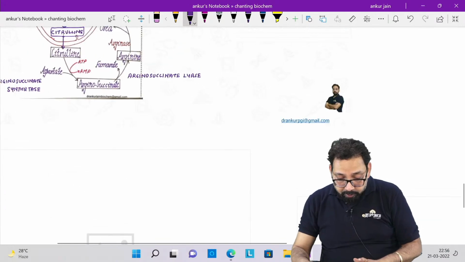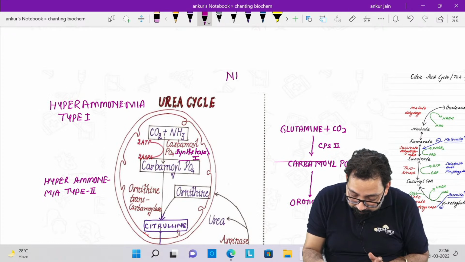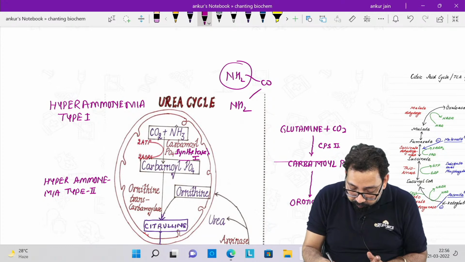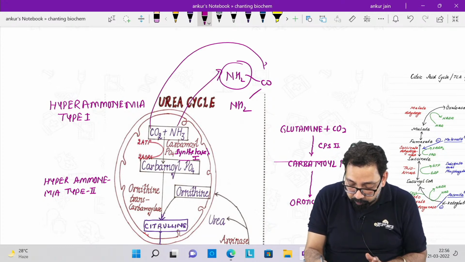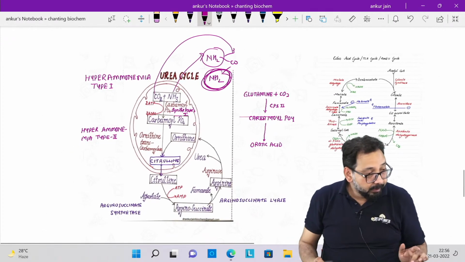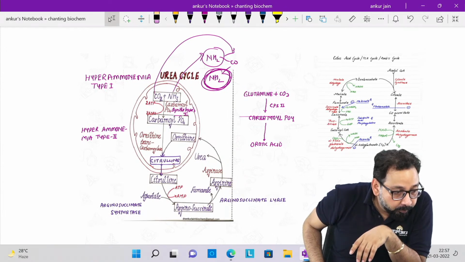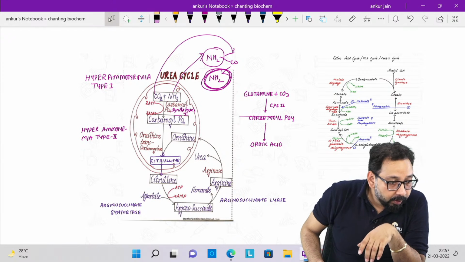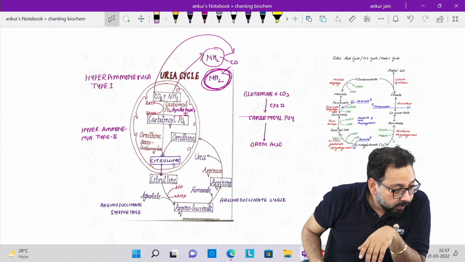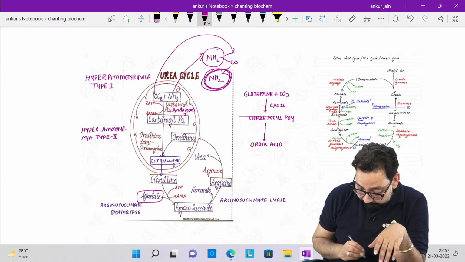Now urea cycle. Urea is NH2CO NH2. One nitrogen comes from ammonia, carbon comes from CO2, second nitrogen comes from, please do reply. Second nitrogen comes from aspartate.